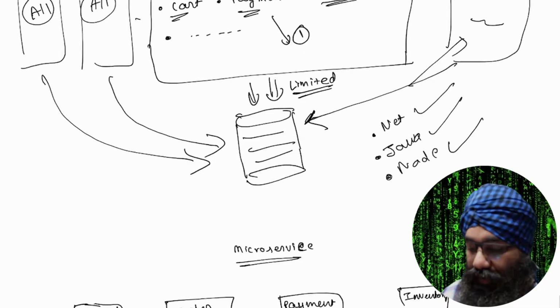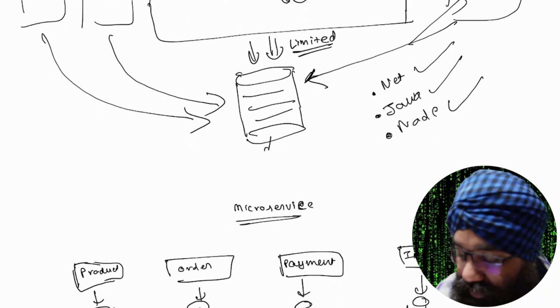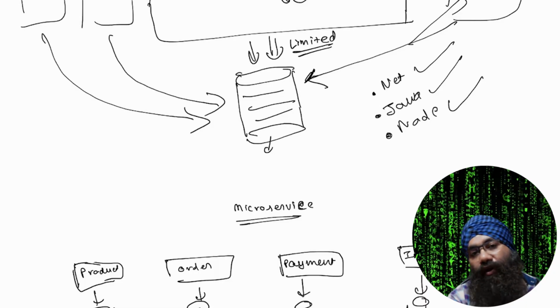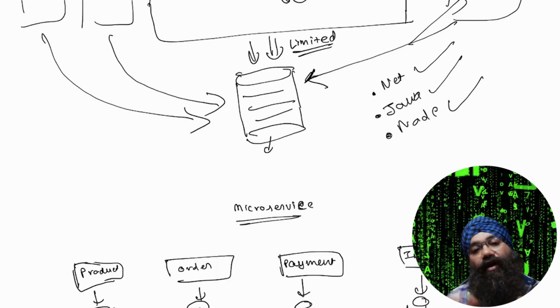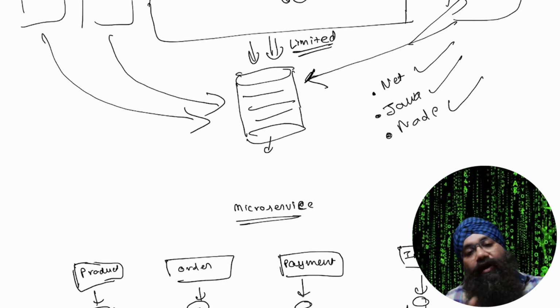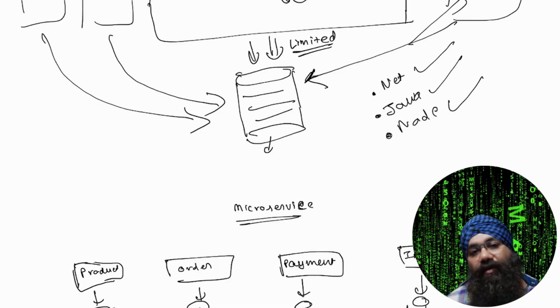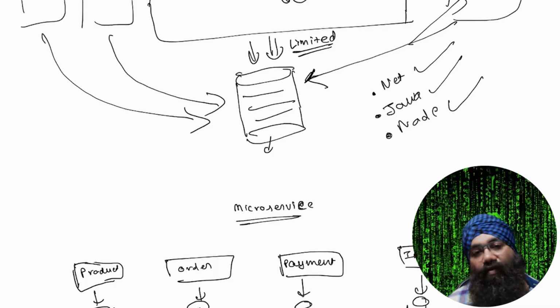They own their own data. Another big problem here is that the database schema becomes very large because it has a lot of data: order data, product data, inventory data, payment data, user data, cart. So it becomes very complex to manage as well.